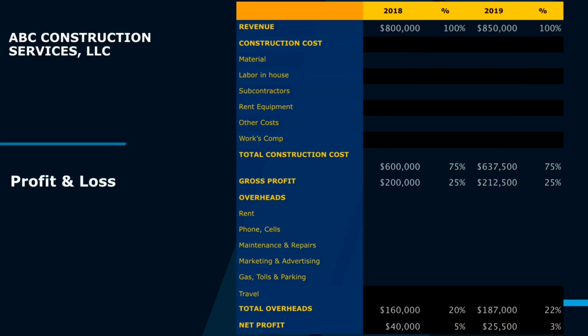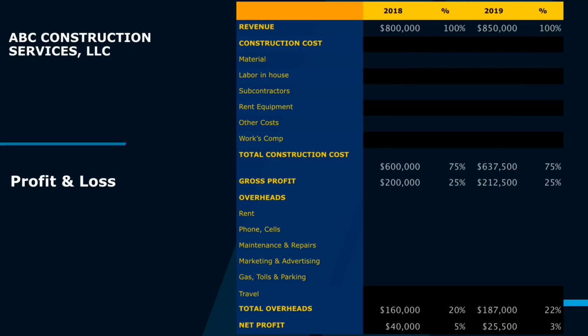After subtracting construction costs from revenue, the company has $200,000 as a gross profit that represents 25% of its sales. The percentage is known as a gross profit margin.